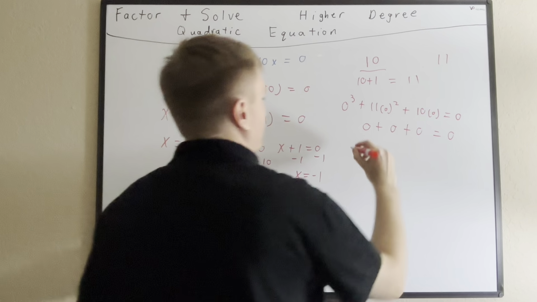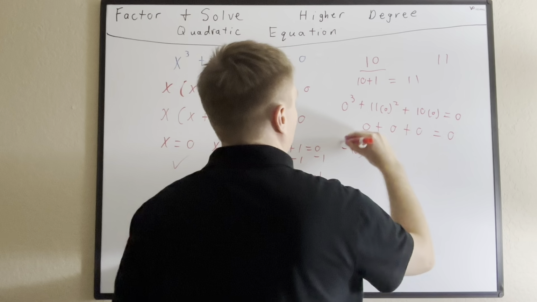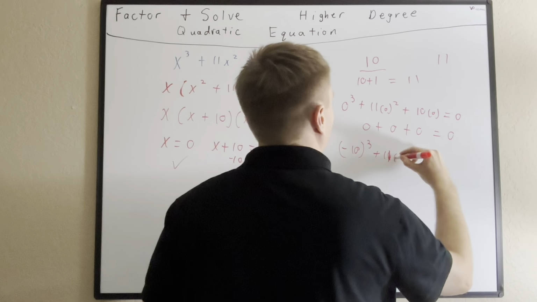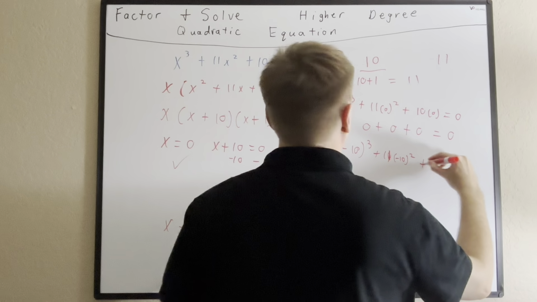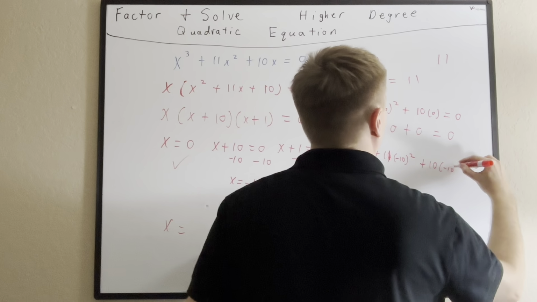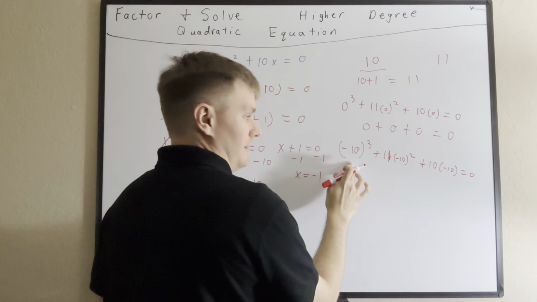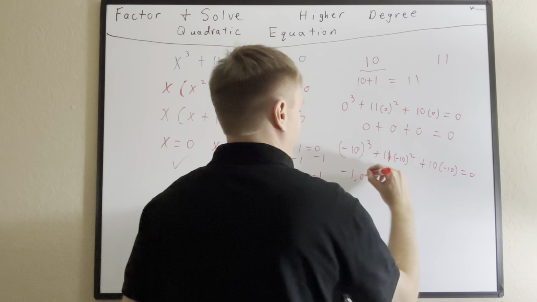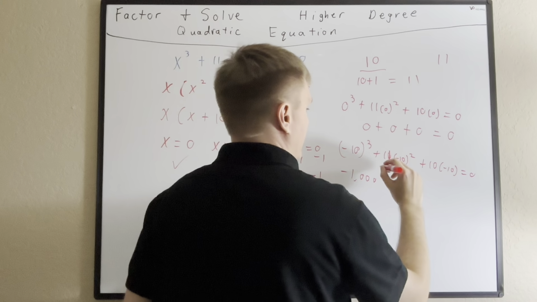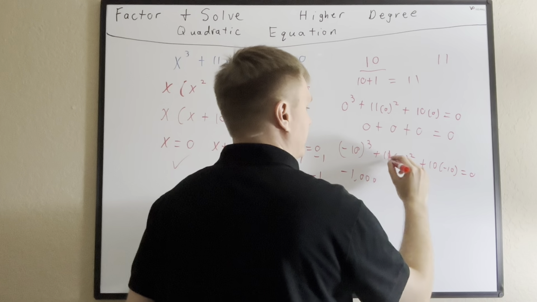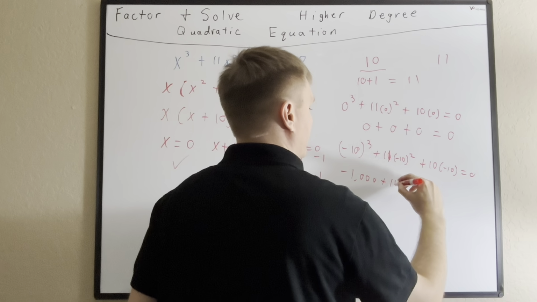Negative 10. Negative 10 cubed plus 11 times negative 10 squared plus 10 times negative 10. Okay. Negative 10 cubed. Negative 1,000. Oof. 10 squared is 100 times 11.